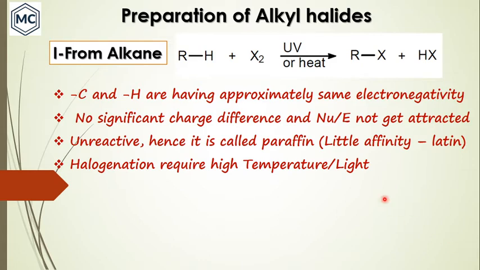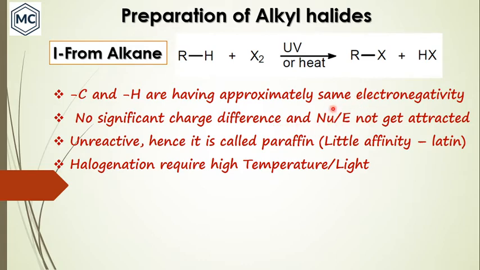Preparation of alkyl halide. First one, from alkane. Hydrocarbon, from alkane you are making it. In hydrocarbons, carbon and hydrogen have approximately the same electronegativity, so there is no significant charge difference between them.